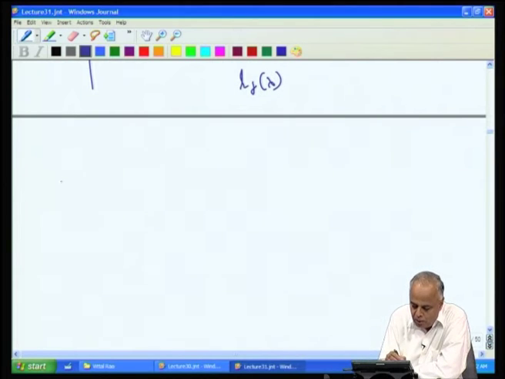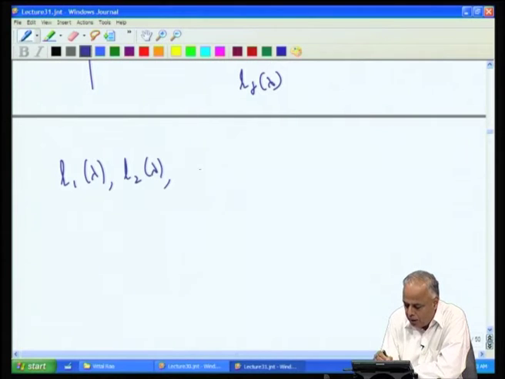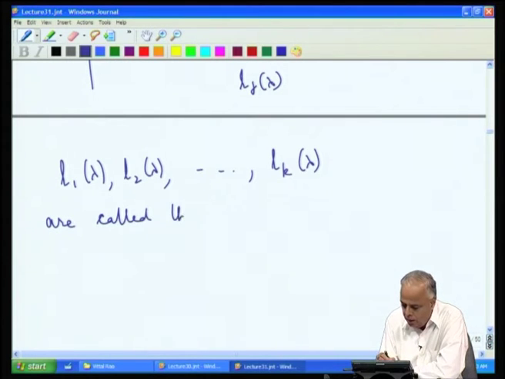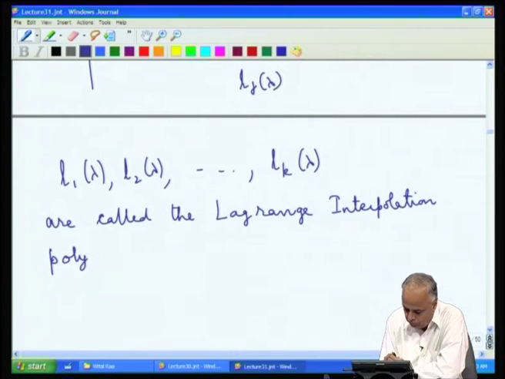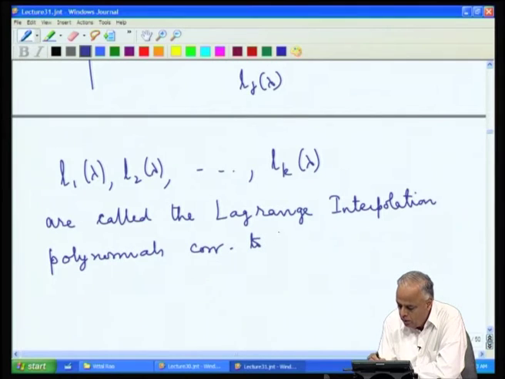So, we have these k polynomials L1 lambda, L2 lambda, Lk lambda, which are called the Lagrange interpolation polynomials corresponding to the points lambda 1, lambda 2, lambda k.